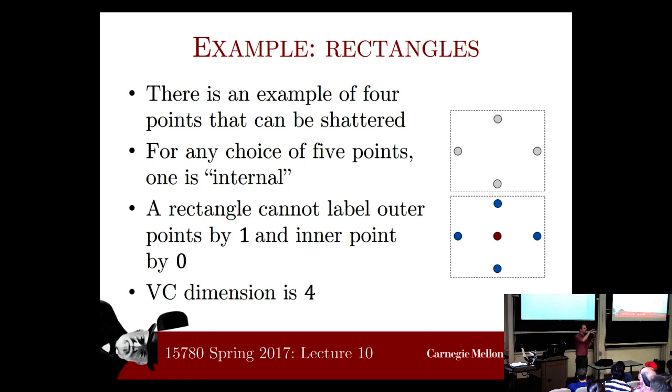And that means that if you take a rectangle that labels the outer points by plus, the inner point would be minus. It's the same thing that we saw for intervals on the line: plus, plus on the sides, you can't get minus in the middle. This is the same thing, but on the plane. When you go up to 5 points, to capture all of the outer points, you would have to label the inner point by plus as well.